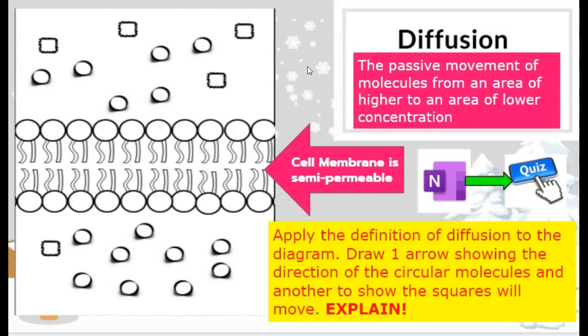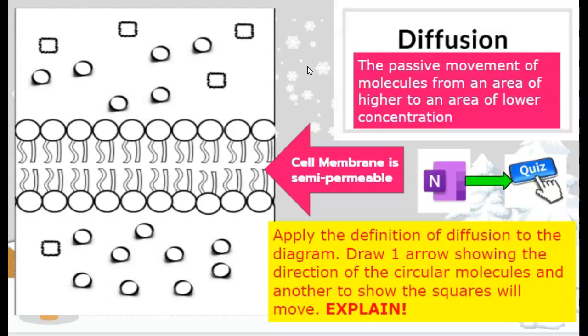So look back over your 4B and see if you actually applied the definition of diffusion. I just need two arrows, one showing the direction the circular molecules are going to move, and another arrow showing the direction the square molecules are moving, and then an explanation.